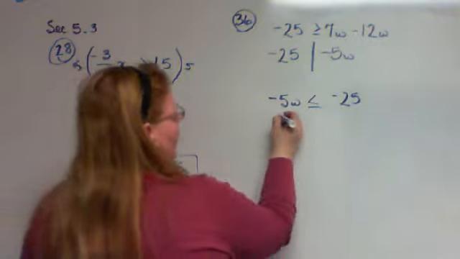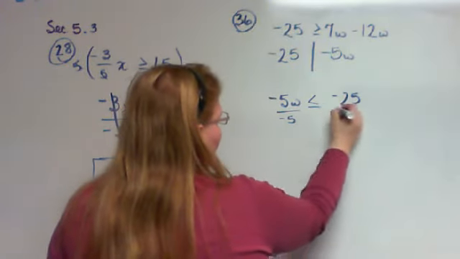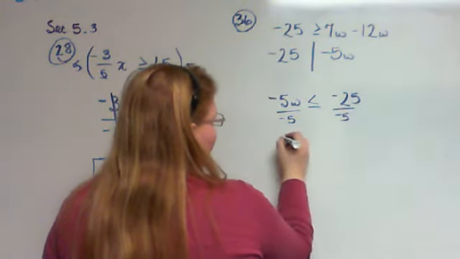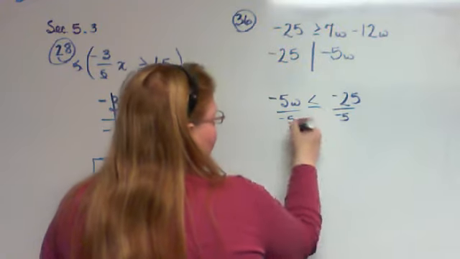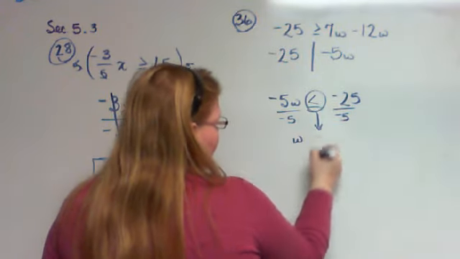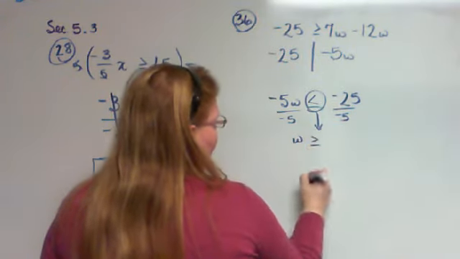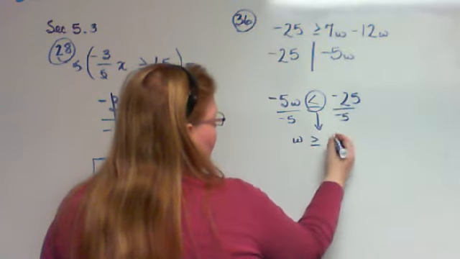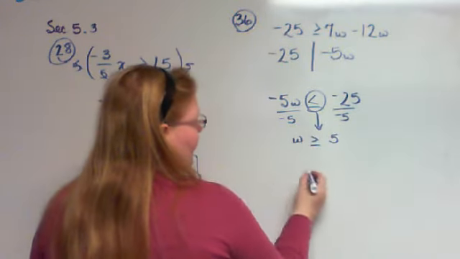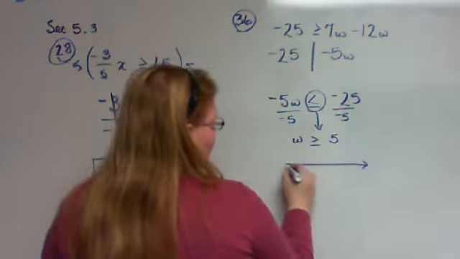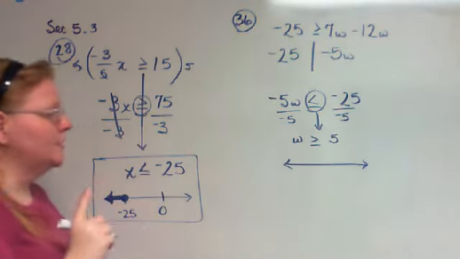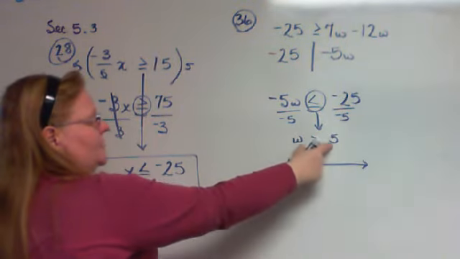Now I can go back and divide both sides by negative 5, and my w's on the correct side. But I divided by a negative, so that changes my sign. And then 5 goes into negative 25 a positive 5 times. Like I said, it doesn't have anything to do with whether or not your answer is negative.